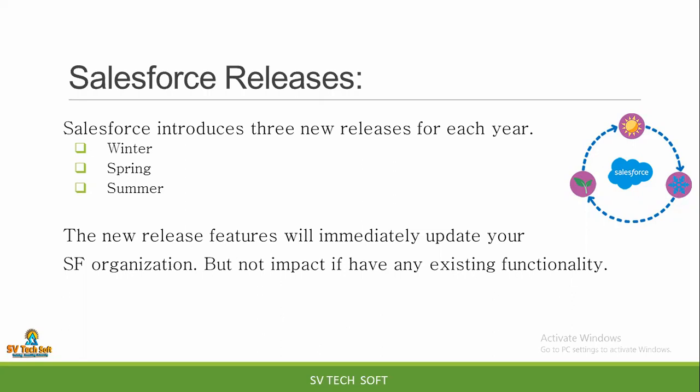The functionality works as it is, but it gives some add-on. Salesforce introduces these releases based on season, winter, spring, summer. They will add Winter 22, Spring 22, Summer 22, like that. They append the year after the season name.